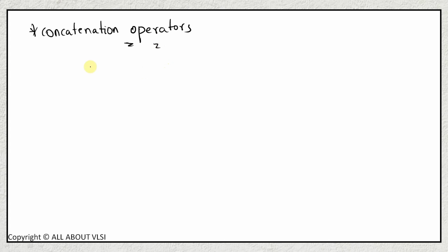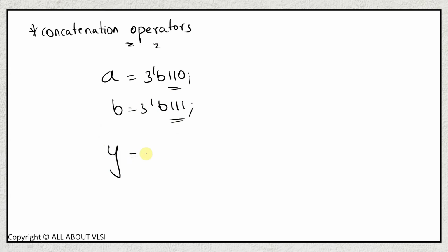Let us say, for example, the value of A is 3'b110, and the value of B is 3'b111, and you want to group these bits. We can have one more variable y, and use this concatenation operator, and simply write {A, B}.